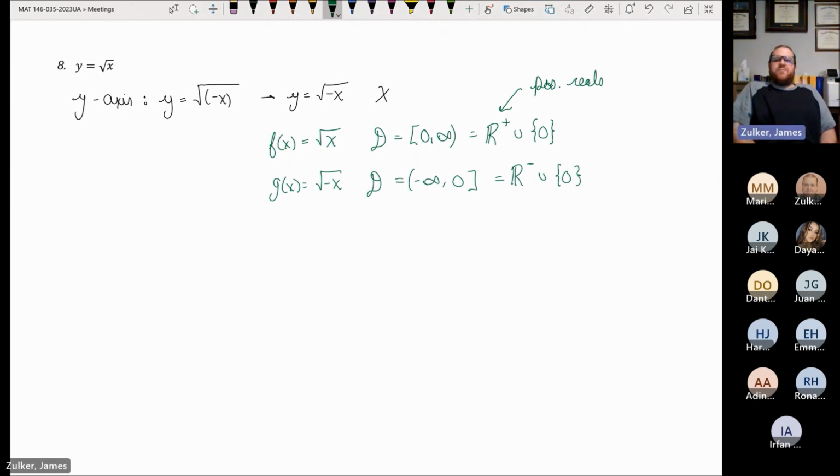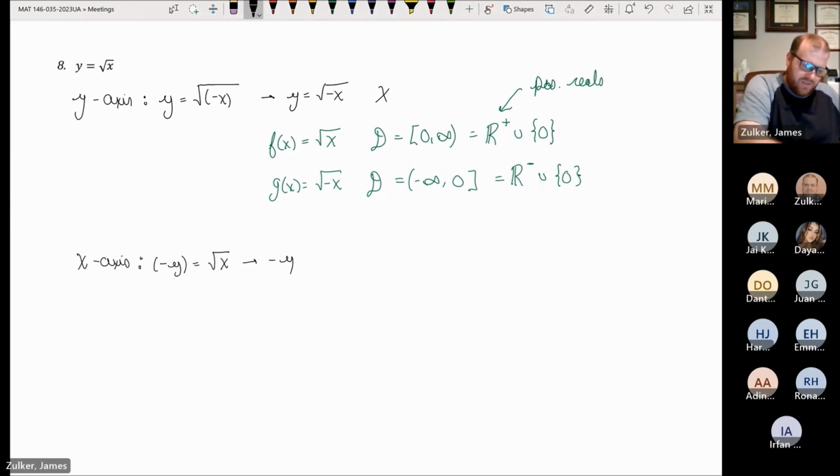Or the non-positive reals. Still a defined function. It's just that the domain changes, right? X-axis. We get negative y equals the square root of x. Well, that's clearly not the same.